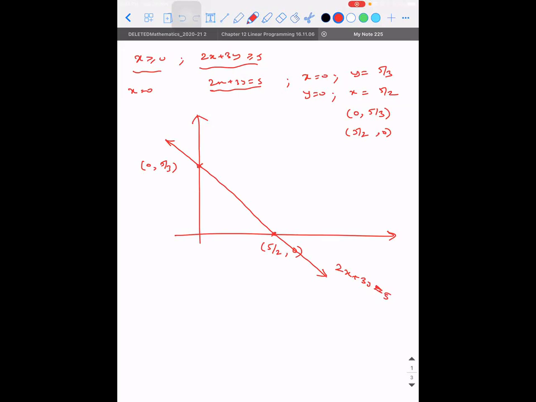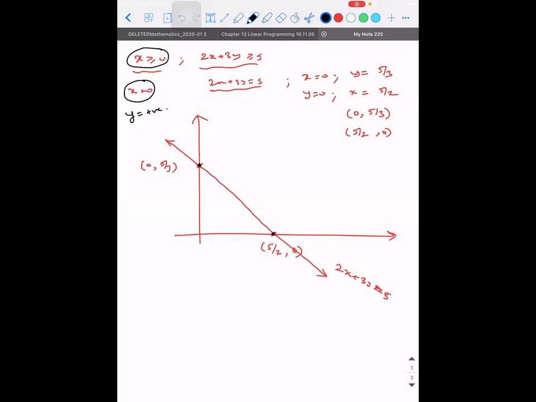So you have these points. Now comes another question. X equal to 0 represents what? X equal to 0 is the y-axis, right? So when I say x is greater than or equal to 0, can I say y is positive?